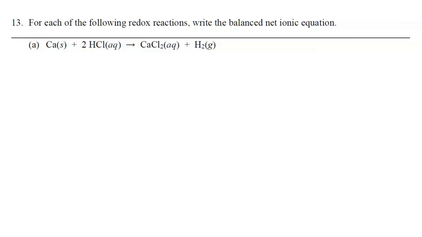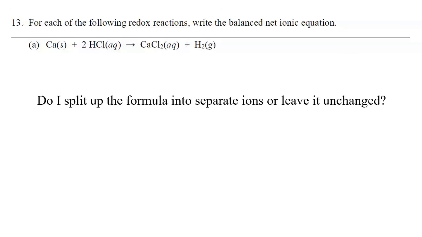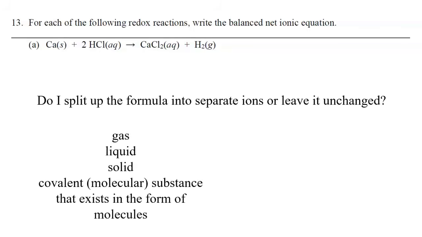In each of these examples, in question 13, we have to write the balanced net ionic equation. And so the question we have to ask ourselves is, do I split up the formula into separate ions, or do I leave it unchanged? So if you see a substance that is a gas, or a pure liquid like water, or a solid, or if you see something that you know is a covalent or molecular substance that would exist in the form of molecules, then you don't split it up.